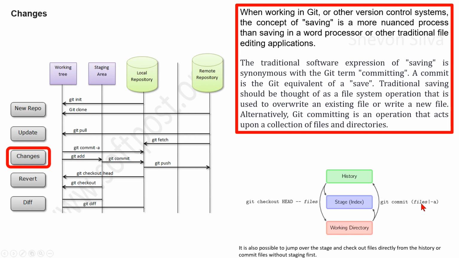Git commit files creates a new commit containing the contents of the latest commit plus a snapshot of files taken from the working directory. Additionally, files are copied to the stage. Git checkout head -- files copies files from the latest commit to both the stage and the working directory.